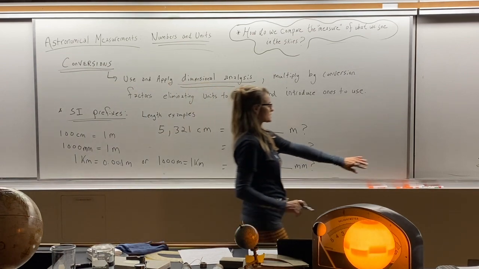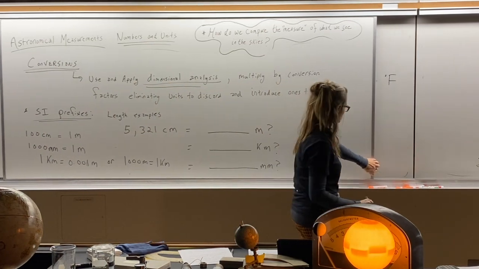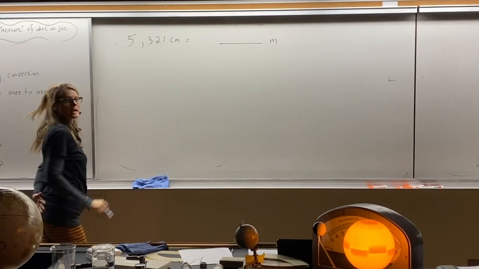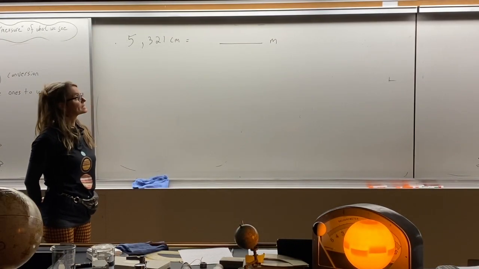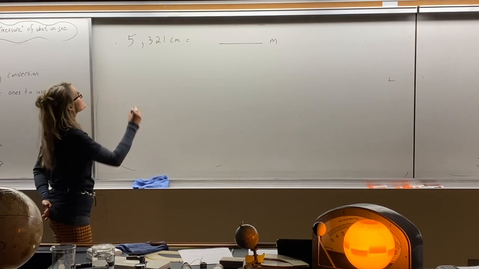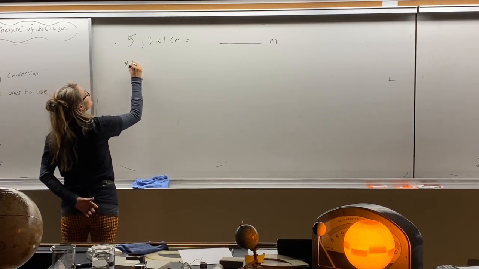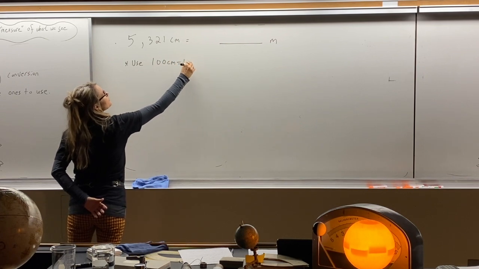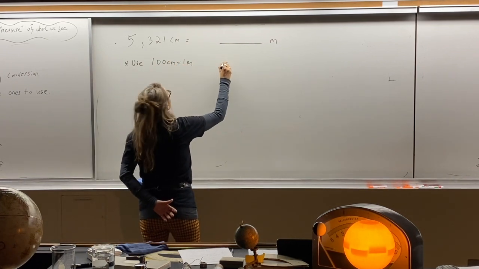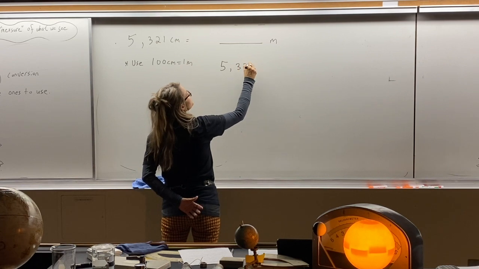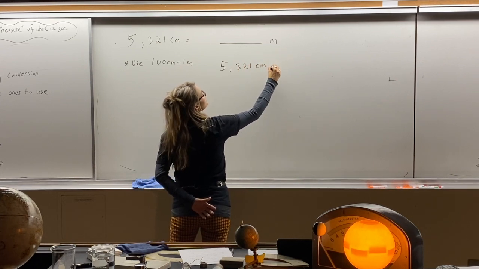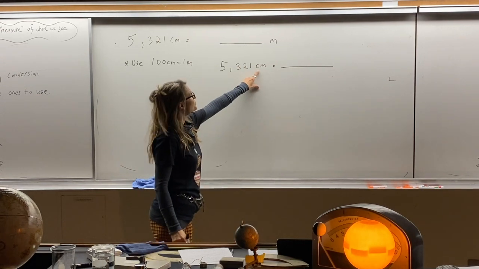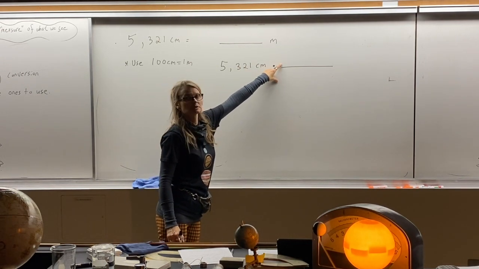So how do we do these conversions? Let's do a sample set here. We have 5,321 centimeters, and we want to know how many meters that is. We use the fact that 100 centimeters equal 1 meter. So I'm going to say 5,321 centimeters, and I'm going to multiply by the factor that will get rid of the centimeters and introduce the meters.